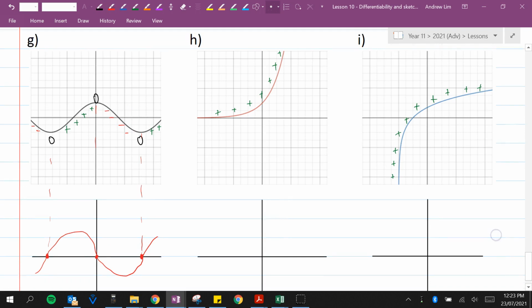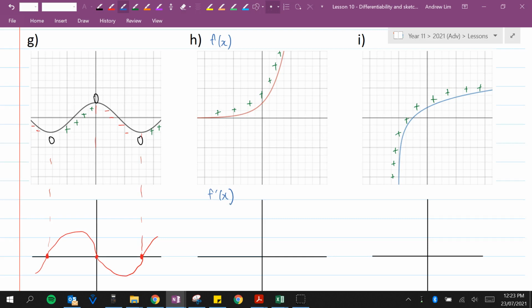Now, for H and I, you might be thinking, oh, it's always positive. There's nowhere along both of those curves where the gradient is 0, and that's correct. Which means when we graph f dash of x, so here's f of x, f dash of x is always going to be above the x-axis.